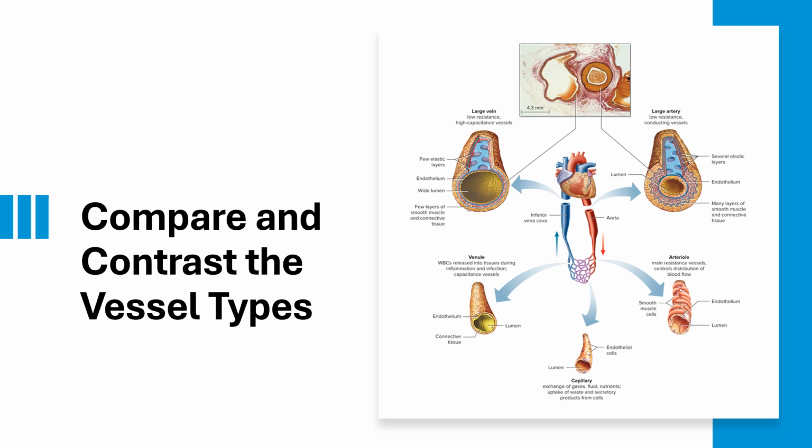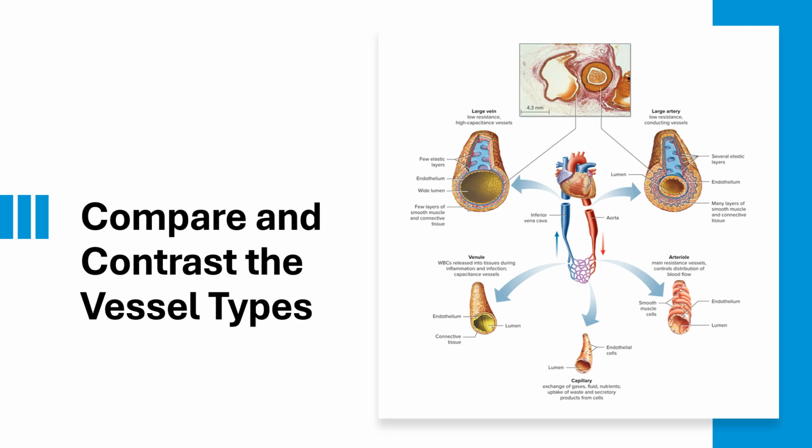Both of them have low resistance to blood moving through them because they have endothelial cells that line the inside of the tube. But the size of a vein allows more to pass through at any given moment than an artery does.